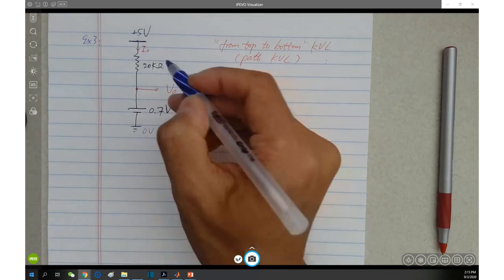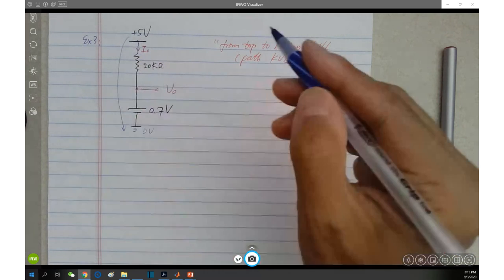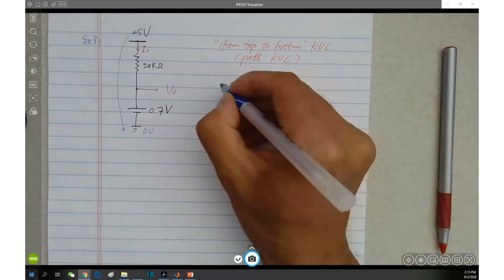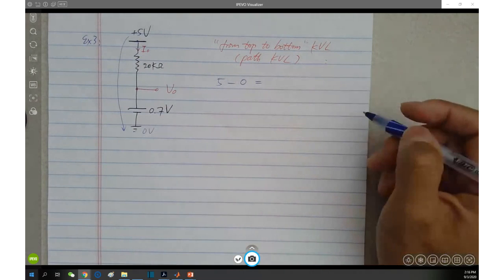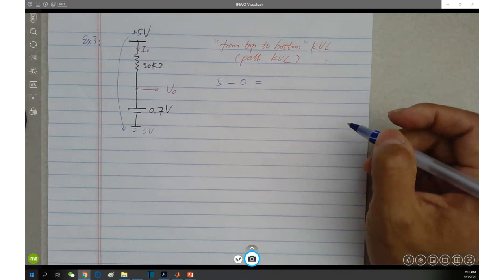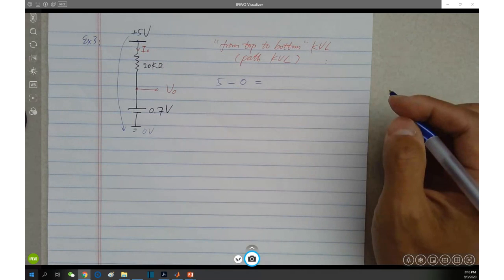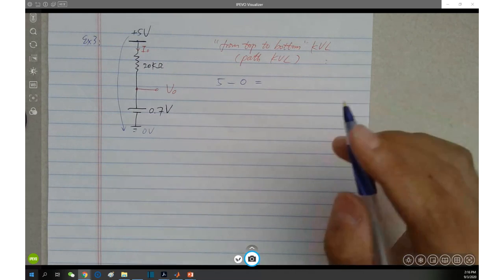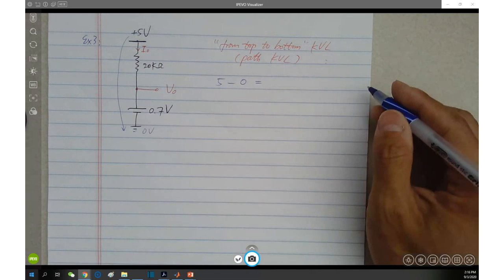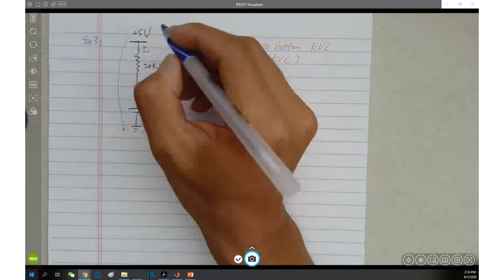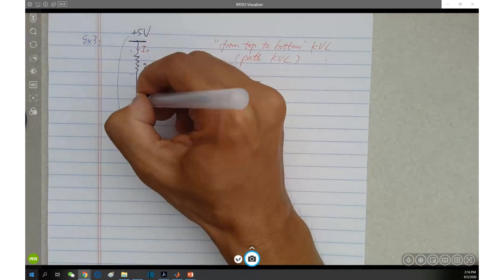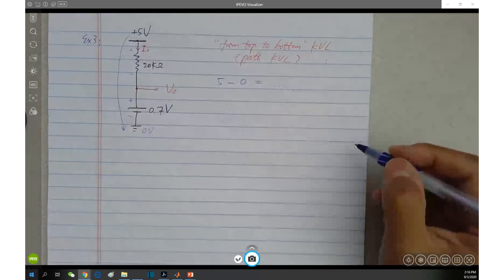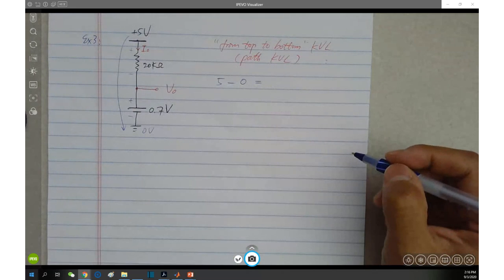So the total voltage drop from top to bottom is top 5 minus bottom 0. Does that make sense? And this total voltage drop equals the voltage summation among all of the components through this path.